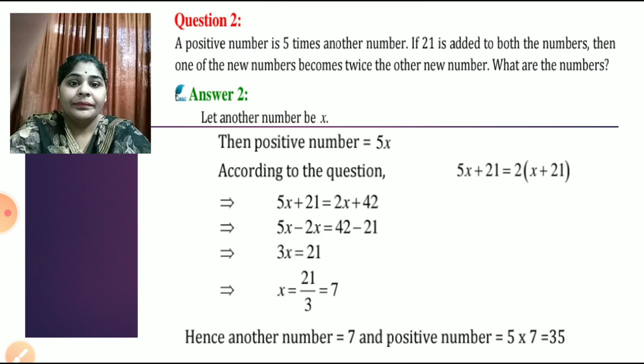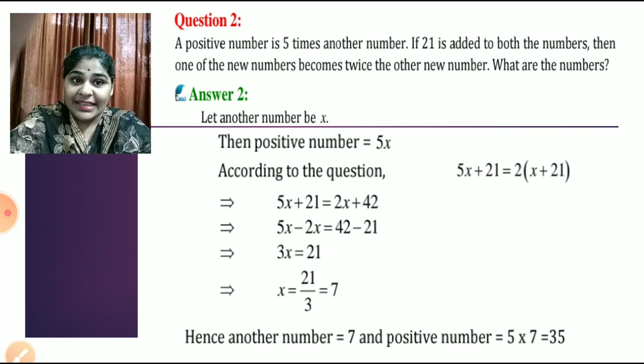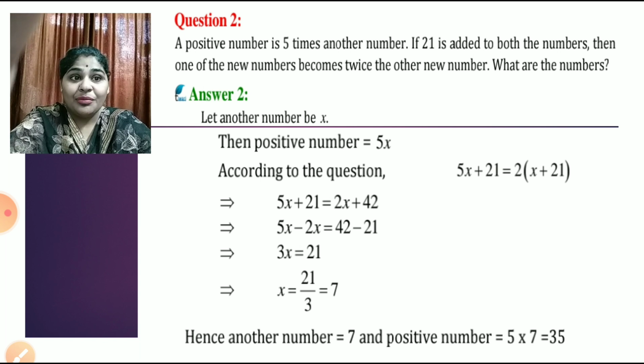So you can see the positive number is 5x. So another number is x. Now according to the question, if 21 is added to both the numbers, then one of the new numbers becomes twice the other new number. So 5x plus 21 is equal to twice the other new number.